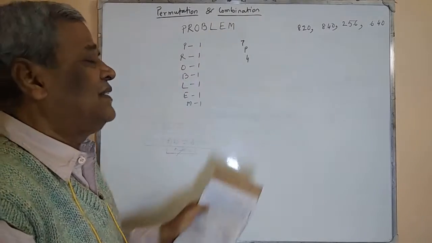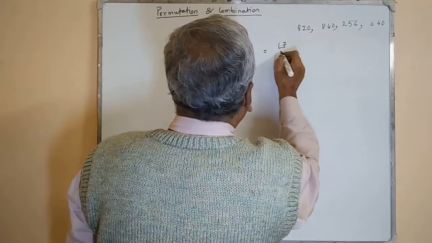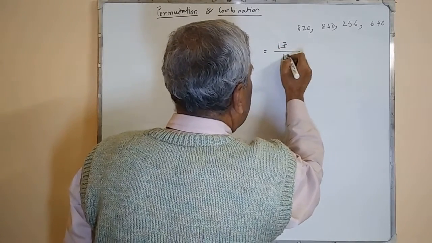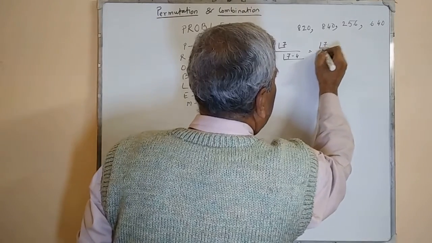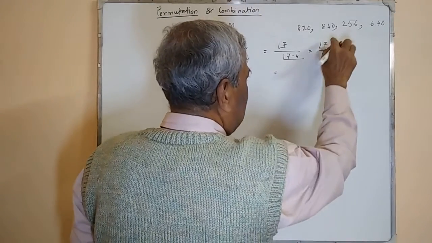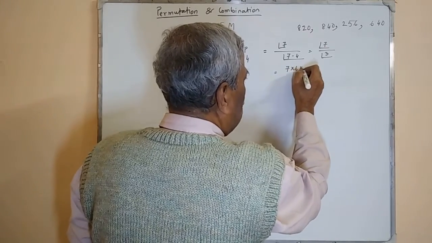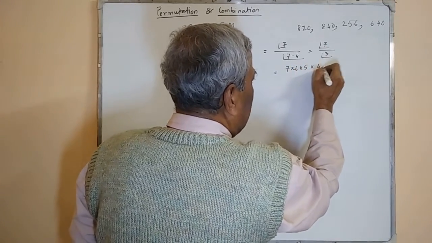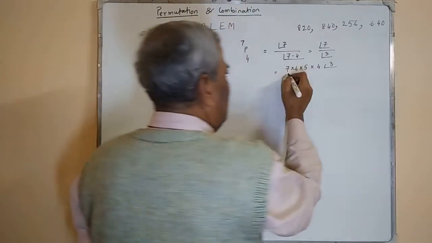So the answer is this: factorial 7 divided by factorial of 7 minus 4, that is factorial 7 by factorial 3, which is 7 into 6 into 5 into 4 into factorial 3 by factorial 3.